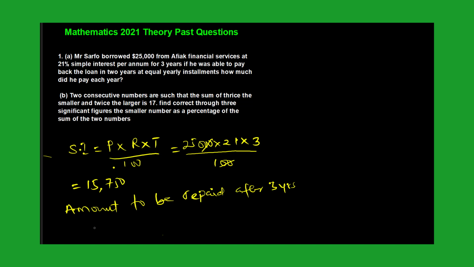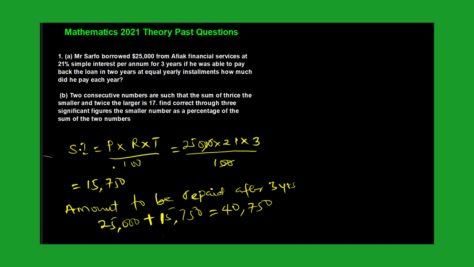It will be the principal, which is $25,000, plus the interest, which is 15,750, and that will give us $40,750.